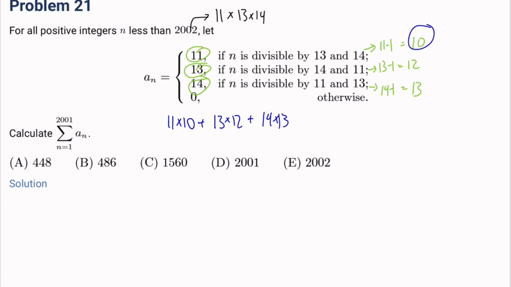Because there are 10 occurrences of n being 11, 12 occurrences of n being 13, and 13 occurrences of n being 14, right? So if we add these up, this is 110 plus 13 times 12, that's 156, plus 14 times 13, which is 182. So this is equal to 448. So it's 448. The answer is A.